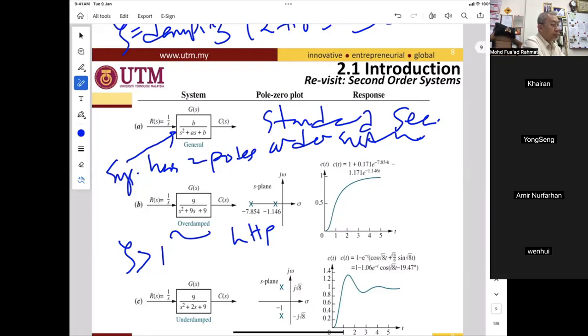Why do I call it real? Because it's minus 7.854 and minus 1.146. It's not an integer number, it's a real number. And the response is approximately like this. The input is a square, and the output is something like this.